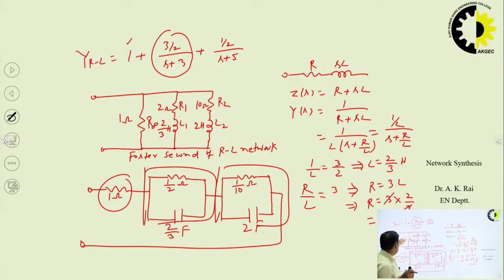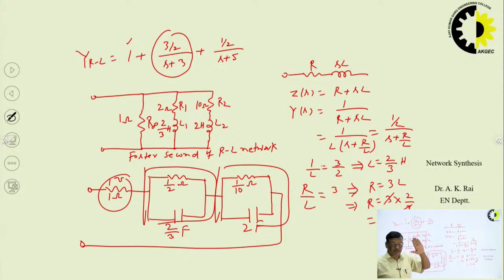So 1 ohm or 1 mho, same. Then this R1 and L1, they are in series, so in the dual network they will be in parallel.